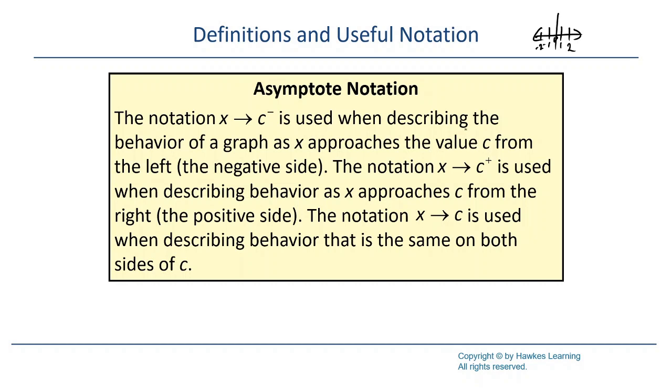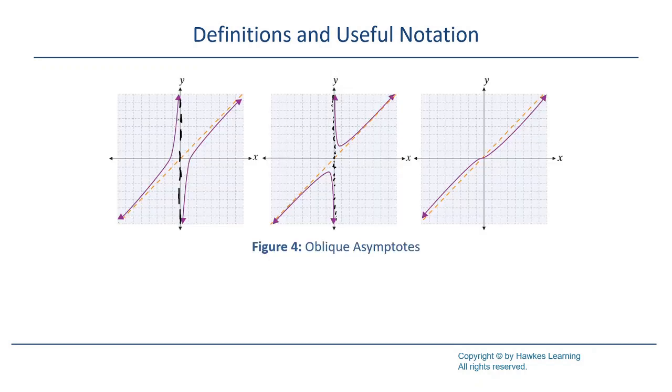Now, if you see x approaches c and then a minus, you're saying x approaches c from the left. Which, to go back here, if we use this first graph for example, as x approaches c from the left, the function approaches positive infinity. So our value for c would be 0. So as x approaches 0 from the left, the function goes towards infinity.